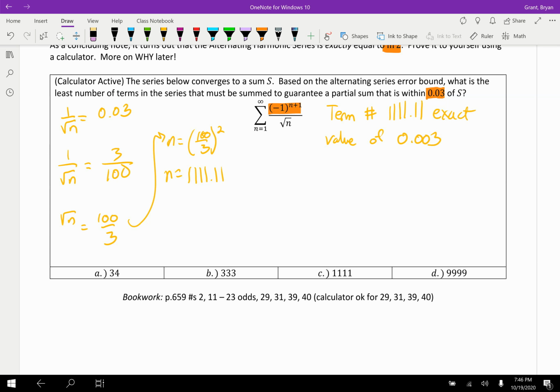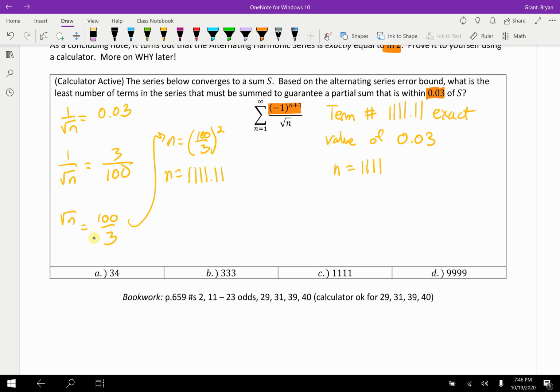Now, that's awesome, but they asked us to guarantee a partial sum that's within this. So we want to be less than 0.03. Well, how do we be less than that? Well, this isn't actually a specific term number. So let's try to think about what happens if we either go down or up to the next term number. Let's say that I use term n equals 1111.